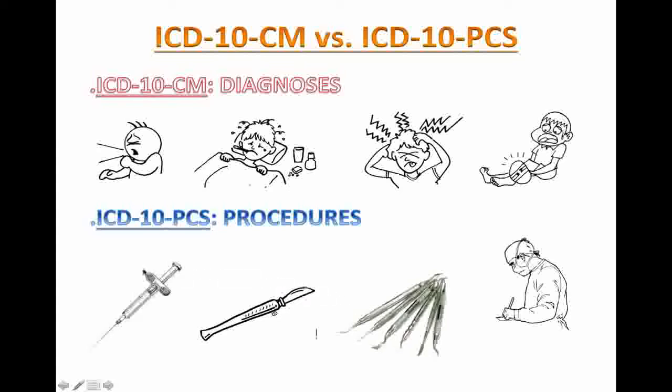Personally, I believe the ICD-10-PCS, in other words, the procedure part, is more challenging compared to the ICD-10-CM. If you have good documentation and you know enough anatomy and physiology, then you should be able to find the right code for a condition or a disease.